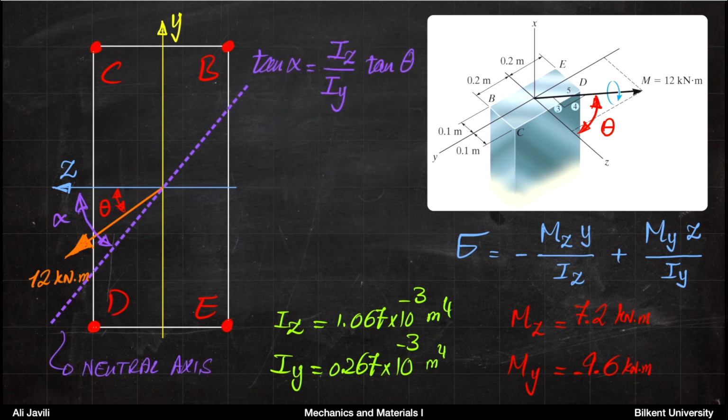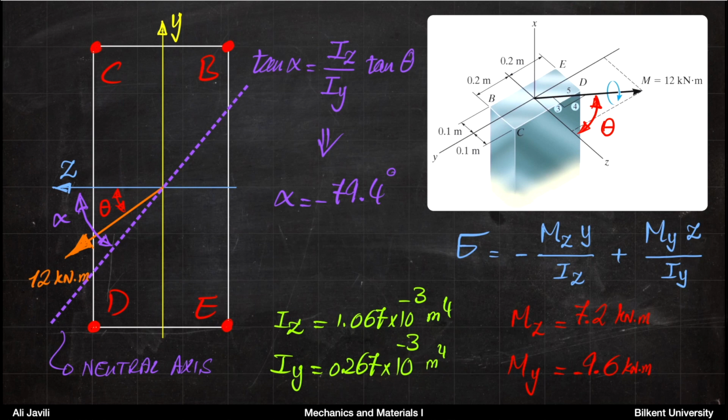The last thing we want to do is to calculate the direction of the neutral axis. Again, we know it's going to pass through the centroid, but in order to calculate the direction, we define this angle alpha, and we use the relation we had: tangent alpha equals Iz divided by Iy times tangent theta.